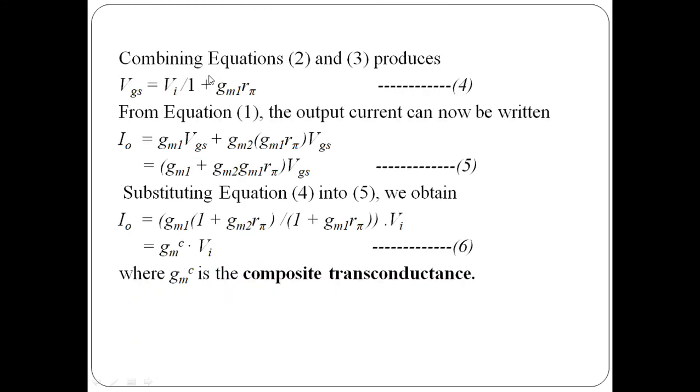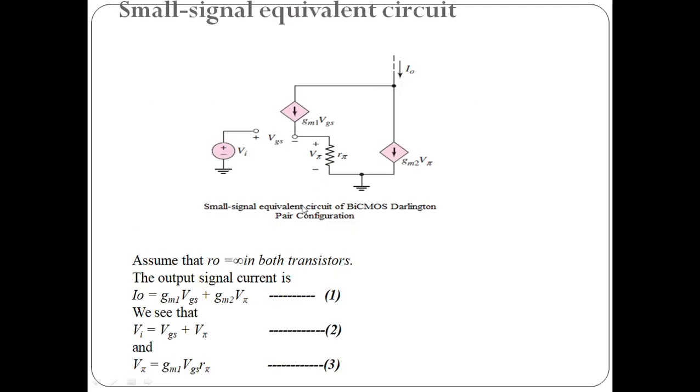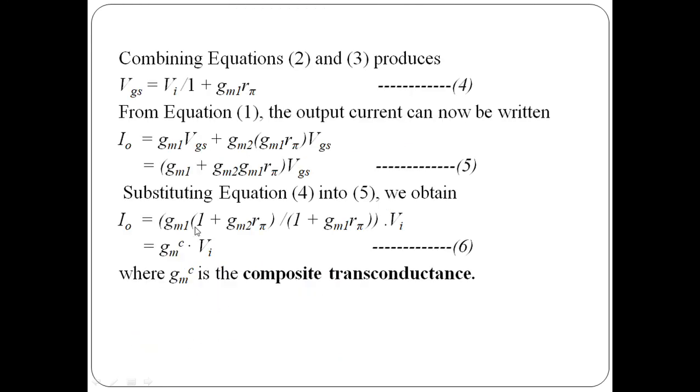The next step is to combine equations 2 and 3, replacing V pi in equation 2. From this I can write VGS equals Vi divided by 1 plus gm1 into r pi. That is equation number 4.